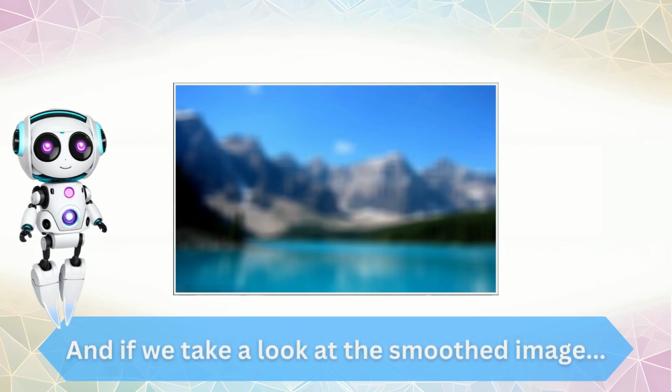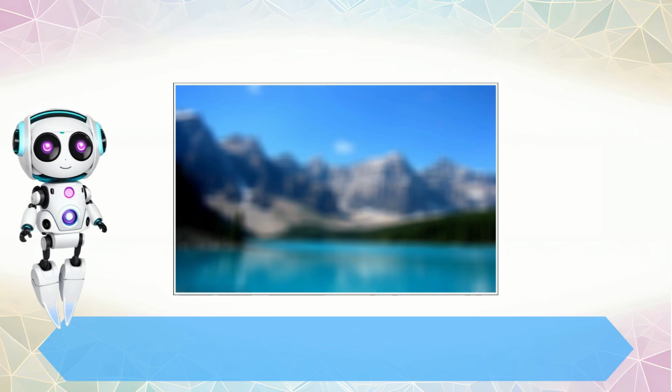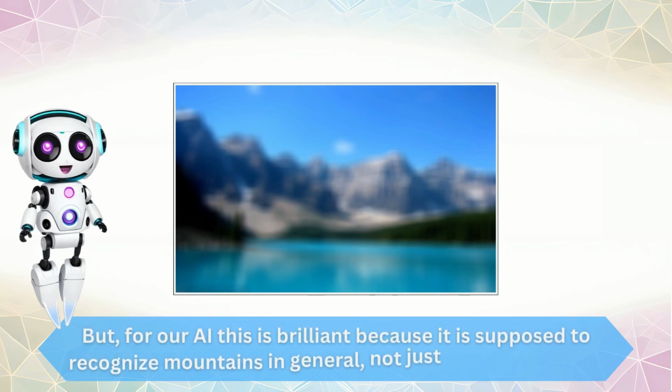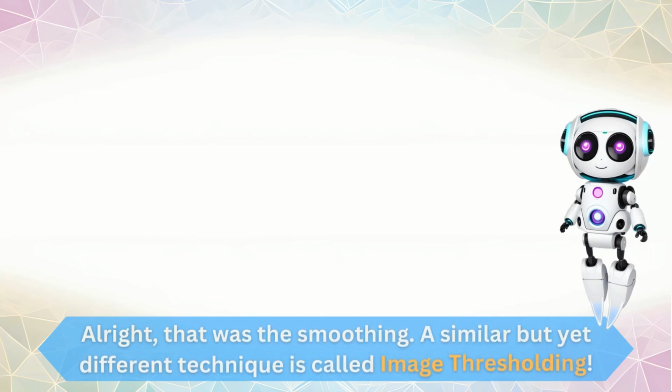And if we take a look at the smoothed image, we see that we lost a lot of information and are left with the basic shapes of our object. But for our AI, this is brilliant, because it is supposed to recognize mountains in general, not just this specific one. Alright, that was the smoothing.